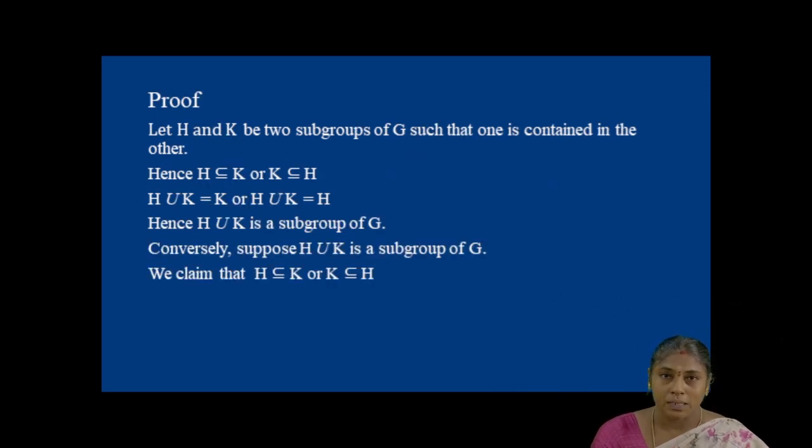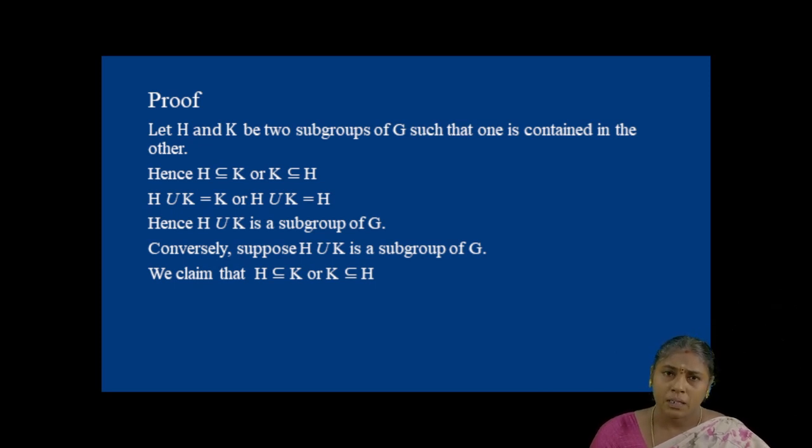Now we are going to consider H and K to be two subgroups of G such that one is contained in the other. So we have to consider H subset of K or K subset of H. If we consider H subset of K, H is the subset and K is the superset.